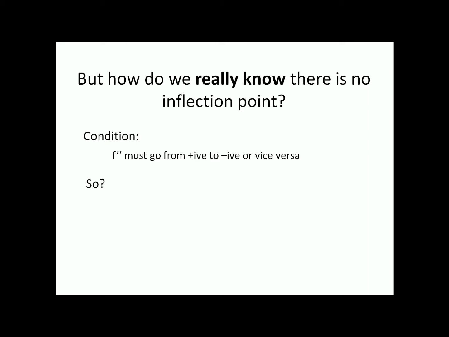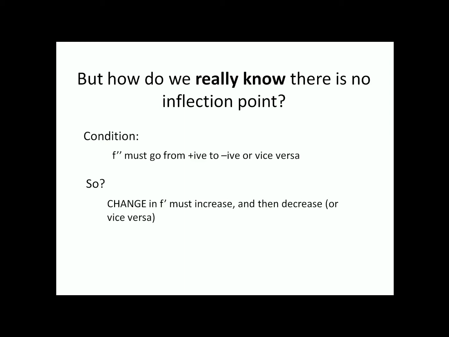So what does that mean really? This is probably a bit abstract, and it'll make more sense when you look at the graph, but the abstract version is that the second derivative must go from positive to negative, which means that the change in the first derivative, remembering that derivative means change of something, must increase and then decrease.